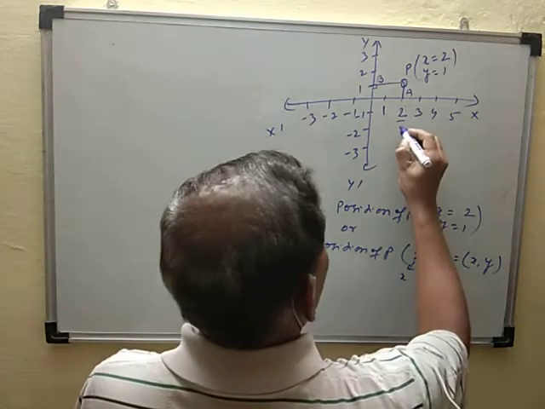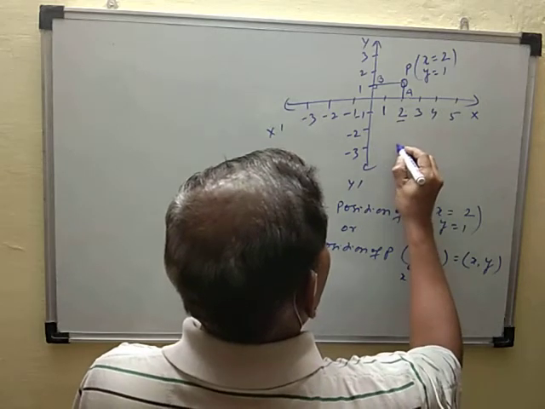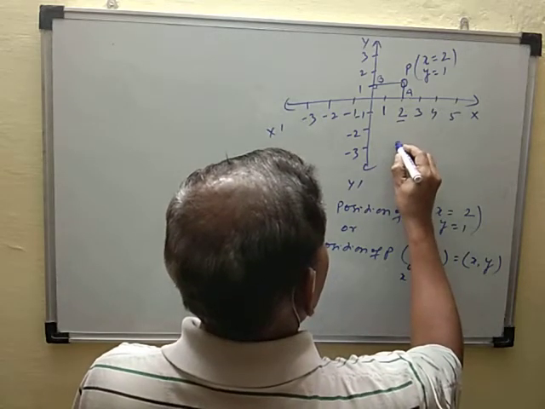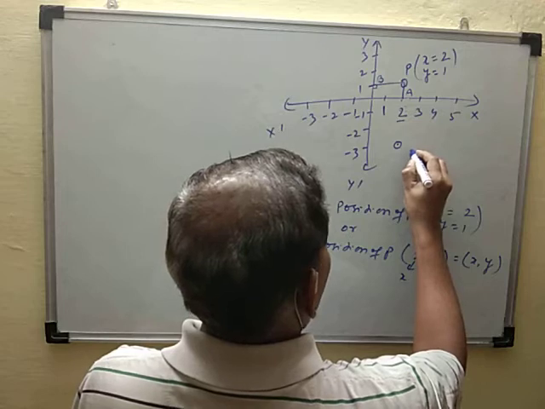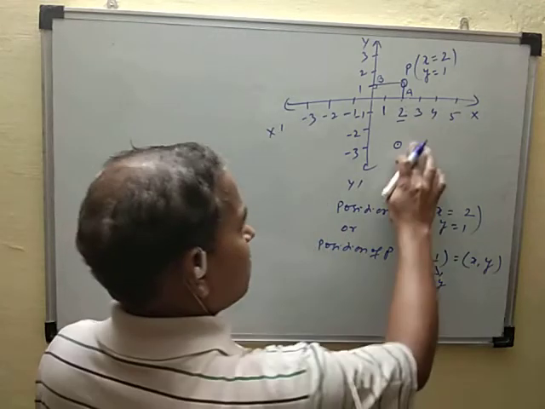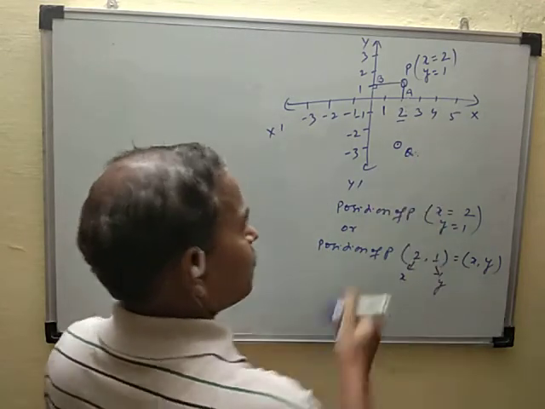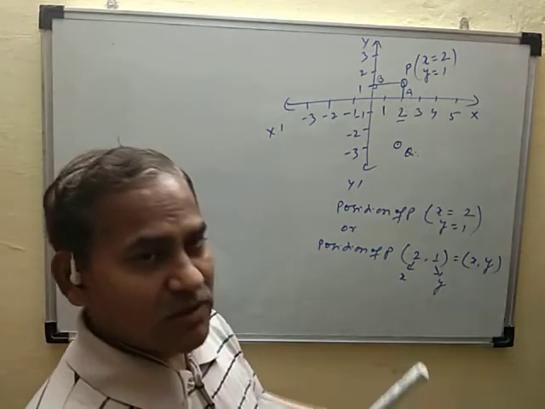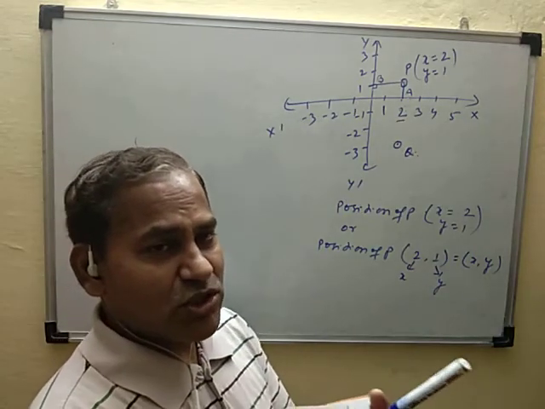Suppose here any point is B or C, or suppose this point is Q, Q is any point. Then what is the position of point Q?